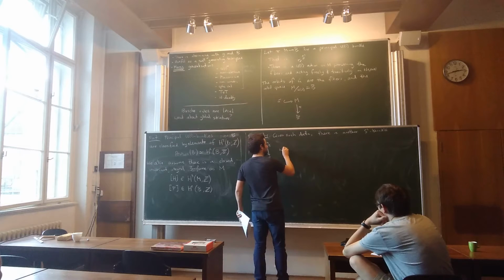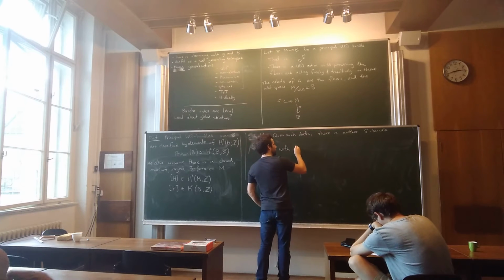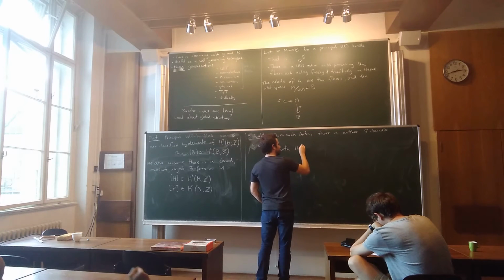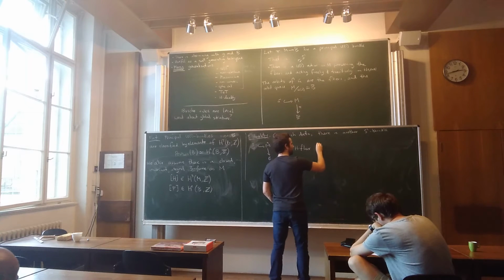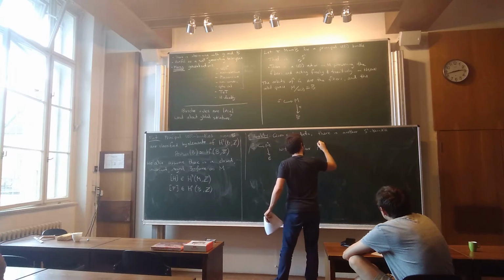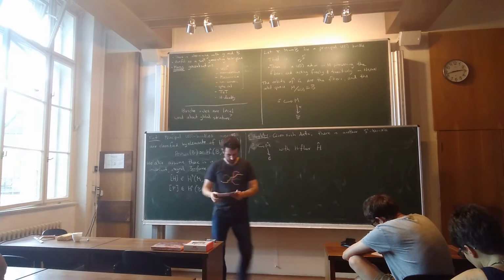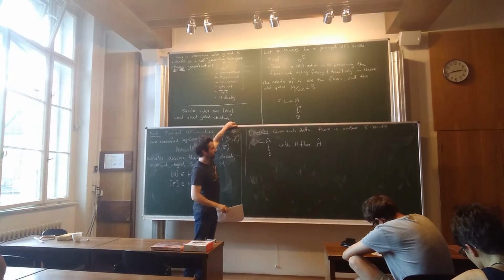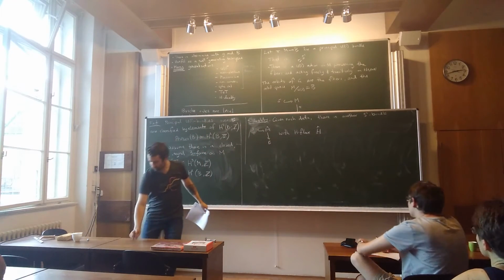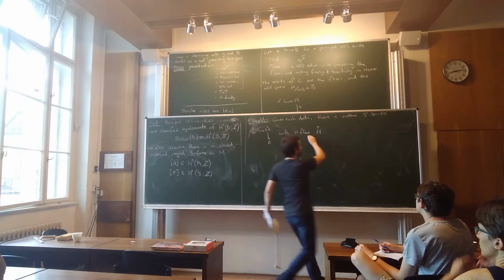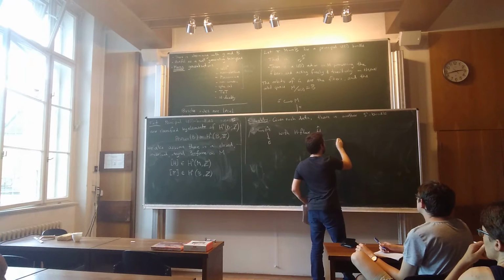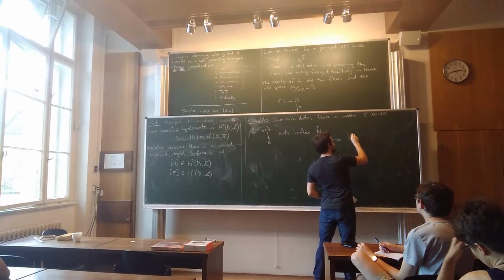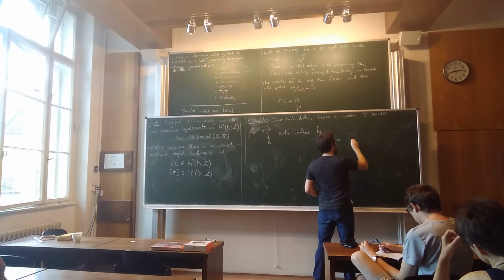It's going to have some flux as well, and I'll call it H hat. So from this, this determines two cohomology classes. I've got an H hat and an F hat.